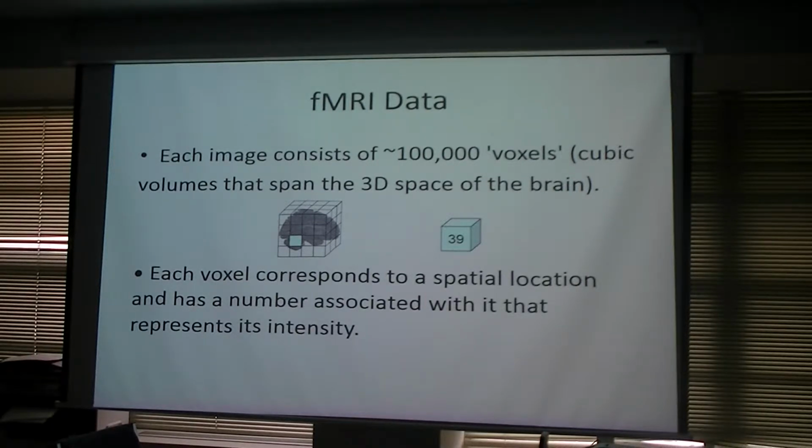For example, we can choose one voxel whose number is 39, and find out how the intensity of this region behaves as different tasks are performed and how it reacts to the task.